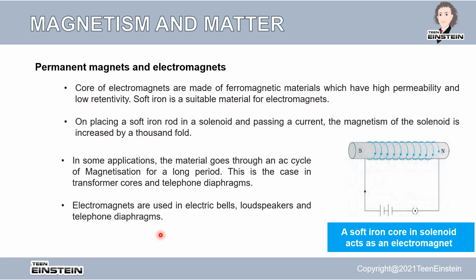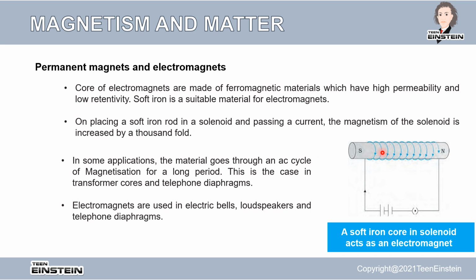Okay. So what are electromagnets? The cores of electromagnets are made of ferromagnetic materials which have high permeability and low retentivity. Soft iron is a suitable material for electromagnets. On placing a soft iron rod in a solenoid and passing a current, the magnetism of the solenoid is increased by 1,000-fold.